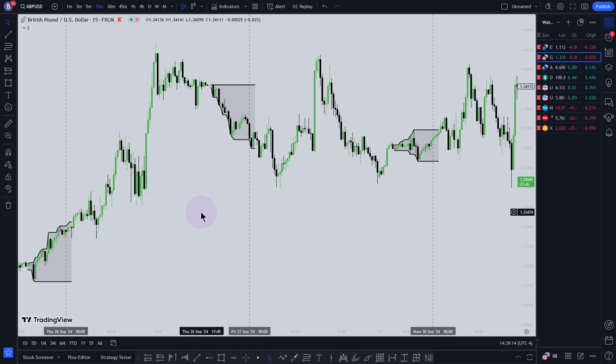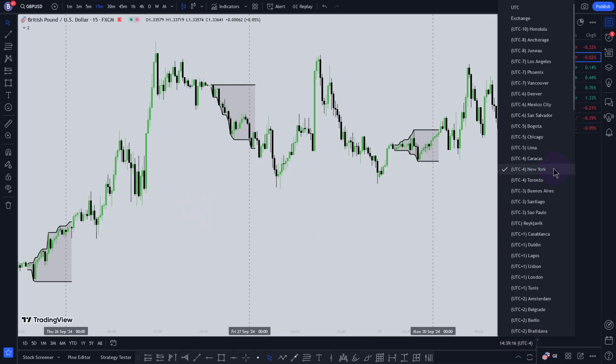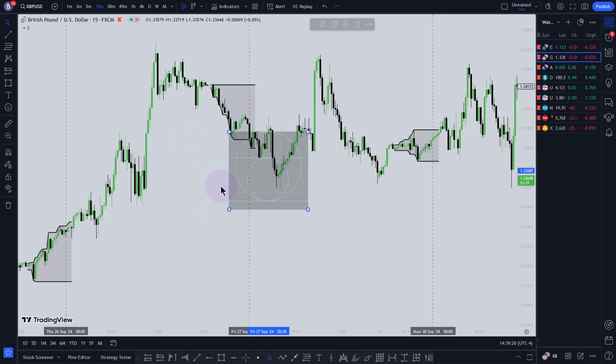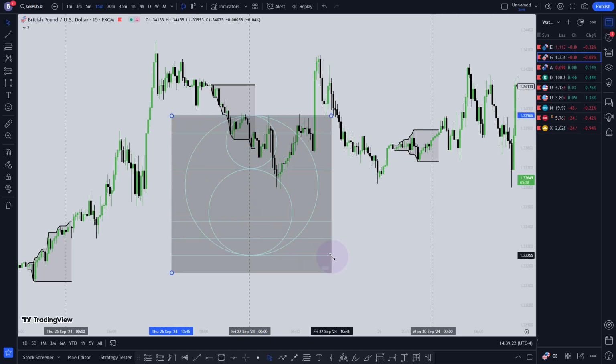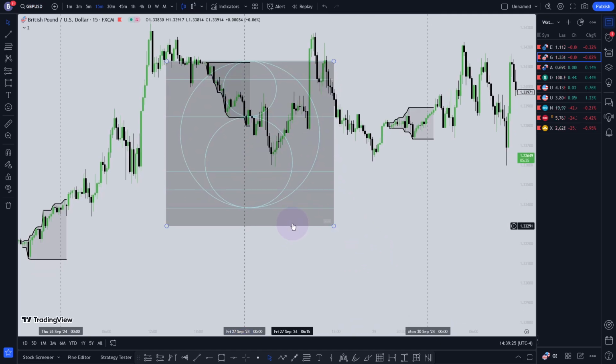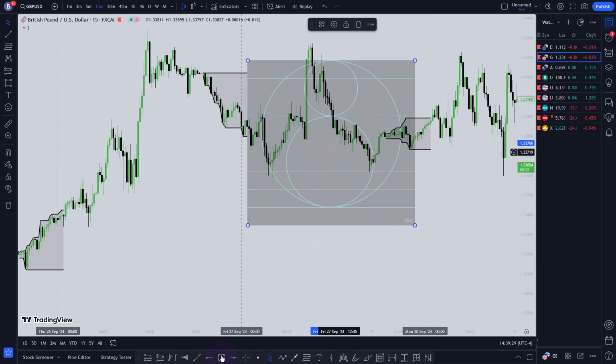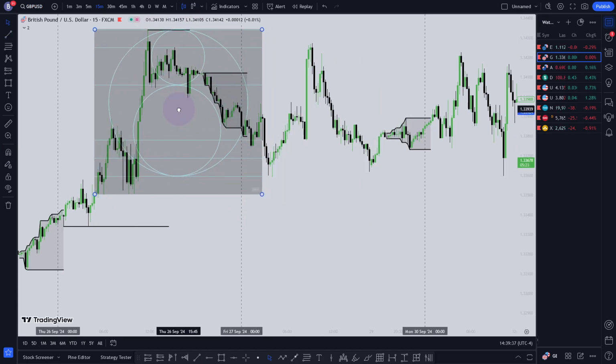Here, UTC-4 as always. Let me now paste the Enigma 2.0 logo. This is the first thing I look for: the previous day low is right here, and the previous day high like this.